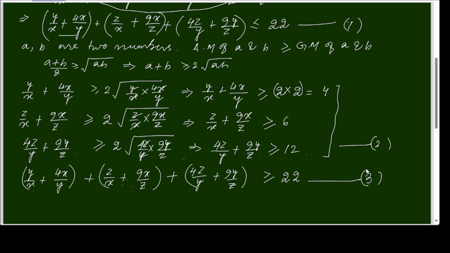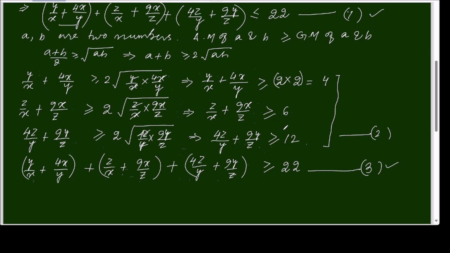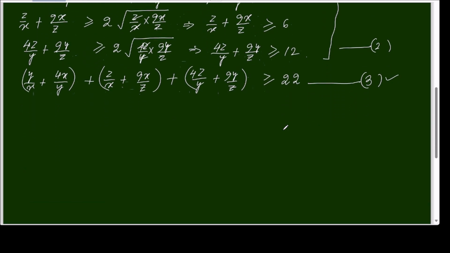Now we can observe equation 1 and equation 3. The same expression is less than or equal to 22, and the same expression's sum in 3 is greater than or equal to 22. What does it mean? It is equal to 22 only. It cannot be both less than and greater than unless they are equal.